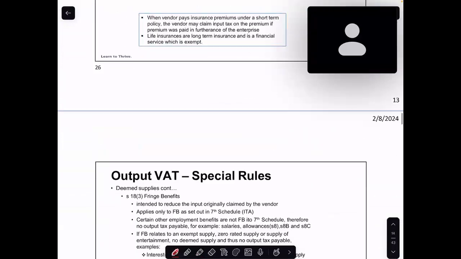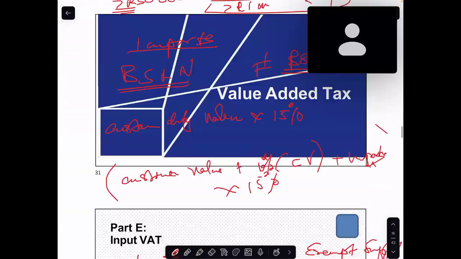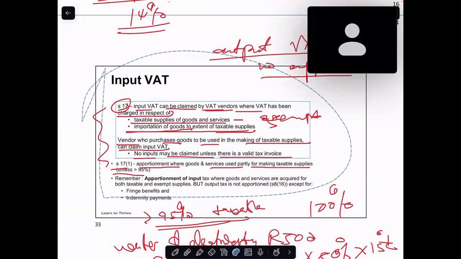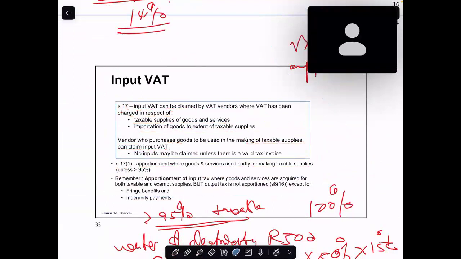Someone must assist. Remember, the VAT questions will come as calculations, journals, or discussion. They will tell you that an entity made a payment of 5,000 relating to insurance premium. Discuss VAT implications. Yes, you are right by saying input VAT will be claimed, but that cannot give you 5 marks.